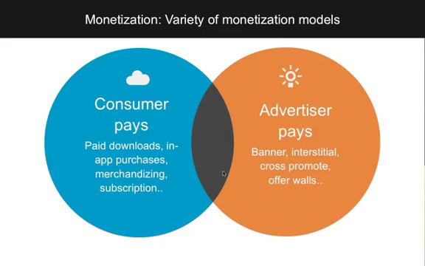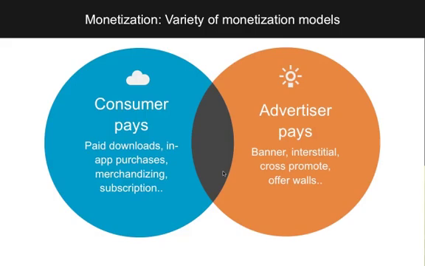And it's important to identify them and classify them in some buckets so that it's easy to understand. The way we look at it, they're broadly classified as consumer pays, which is in-app purchases, and consumer pays could be anything from paid downloads to in-app purchases to merchandising from consumers to subscription models and many more.